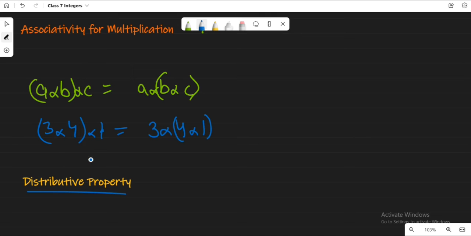So first we multiply 3 into 4. 3 into 4 is equal to 12, into 1. And 4 into 1 is equal to 4, and we learned about multiplicative identity, so the value is not changing. 12 into 1 is 12, and 3 into 4 is 12. So 12 is equal to 12.